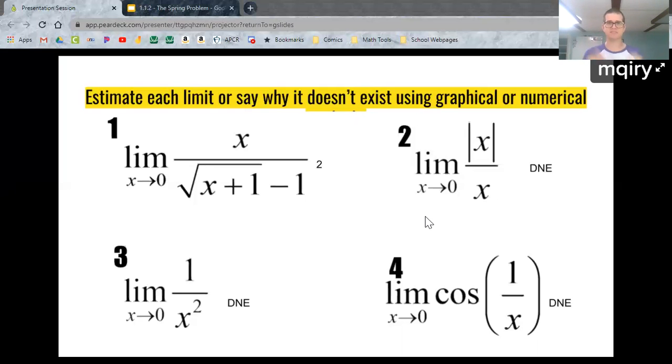The closer you get to 0, the faster it oscillates. If you graphed it on Desmos and zoomed in, it's basically just a block of function because you can't see anything. You can still evaluate any value up to 0, but there's no one value it's approaching. So the limit does not exist there.